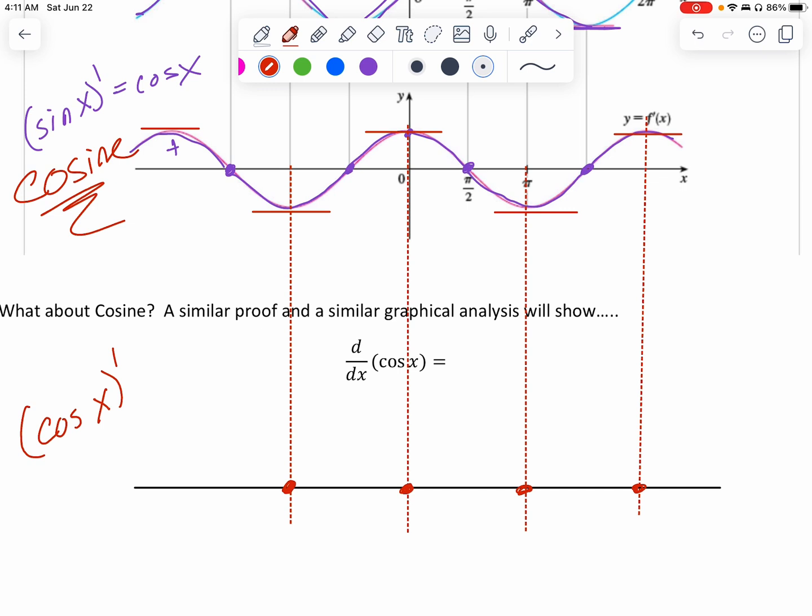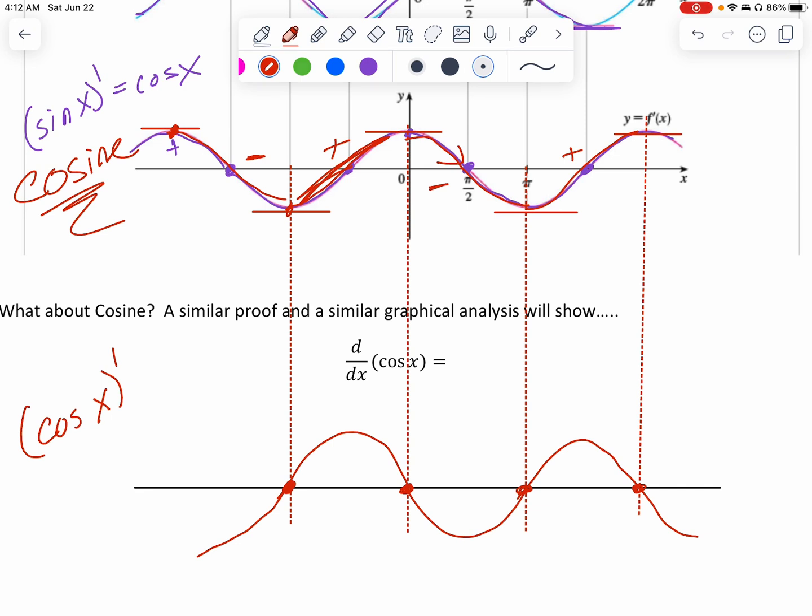And it looks like from this root to this root, this graph is decreasing. It's going down, which means before that root, it's below the x-axis. Here we're increasing, so this part should be above the x-axis, and then we decrease, decreasing here, so that should be below, and then increasing, so that should be above.